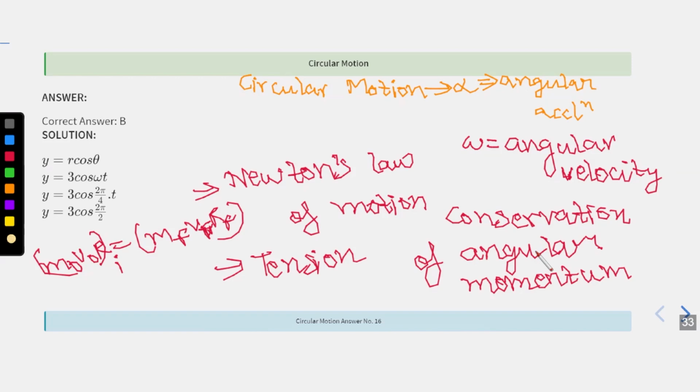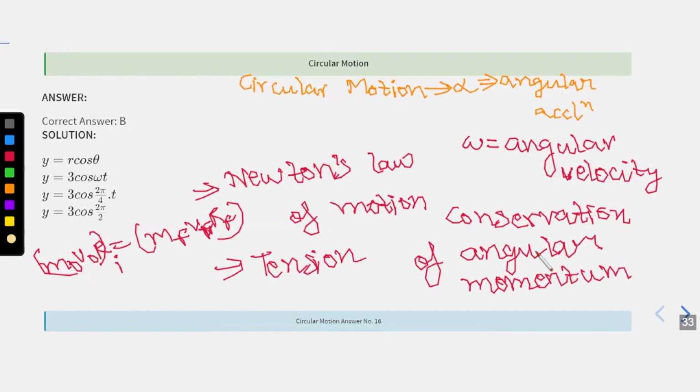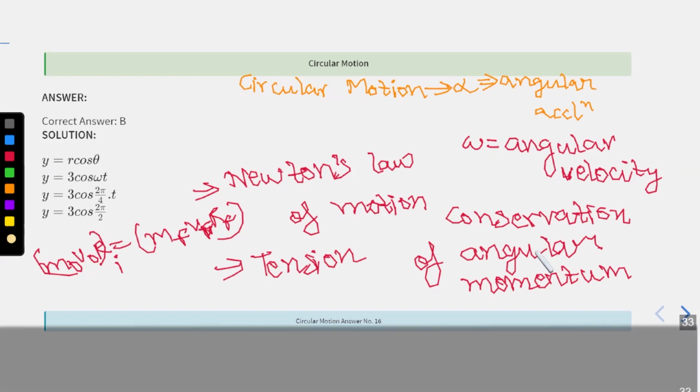That is the implication we need to capture, and then we use total mechanical energy conservation. Otherwise, most of the time we are just going to use conservation of angular momentum.